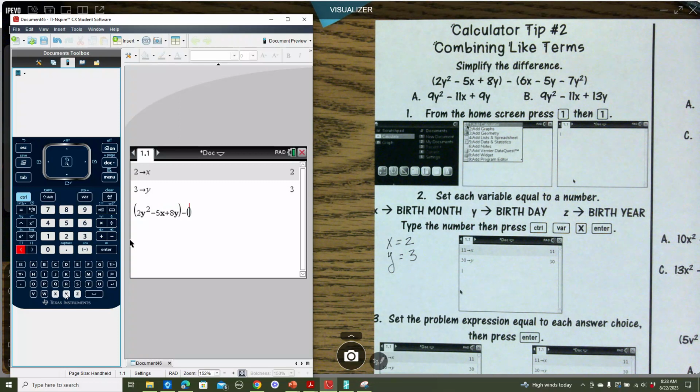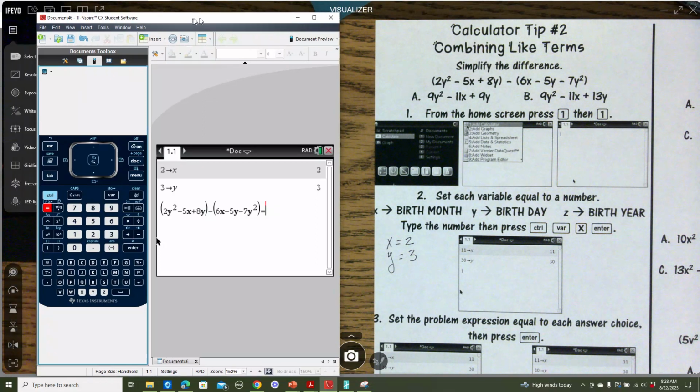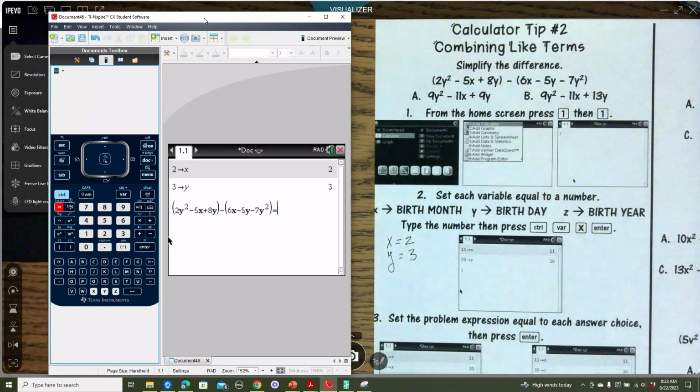And then minus 6x minus 5y minus 7y squared. And then I can set it equal. So the equal key is right here below control. I can set it equal to my first answer choice, 9y squared minus 11x plus 9y.